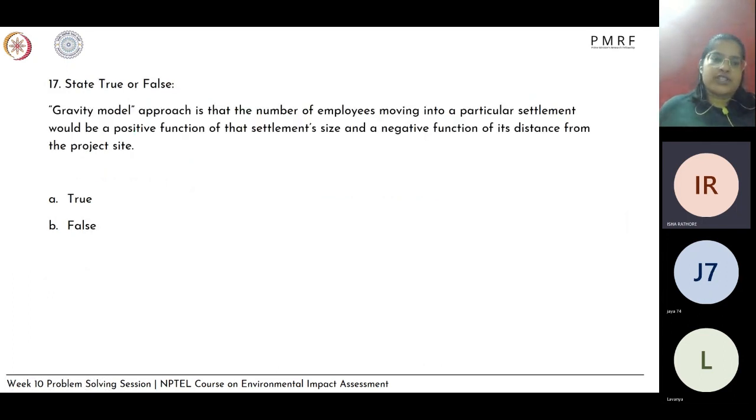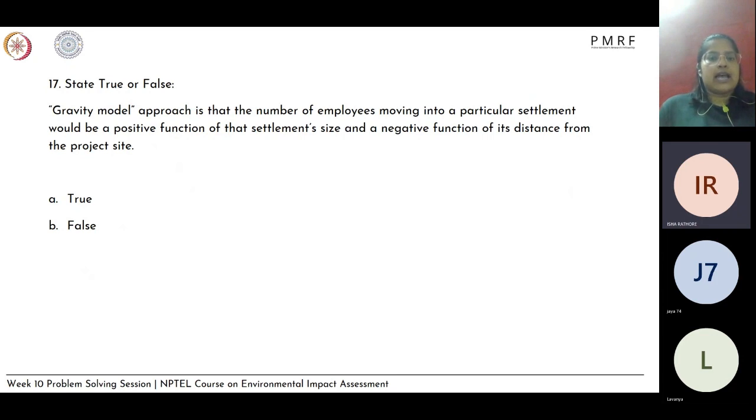Okay, moving on to question 17. State true or false. The gravity model approach is that the number of employees moving into a particular settlement would be a positive function of that settlement size and a negative function of its distance from the project site. Is this statement true or false?